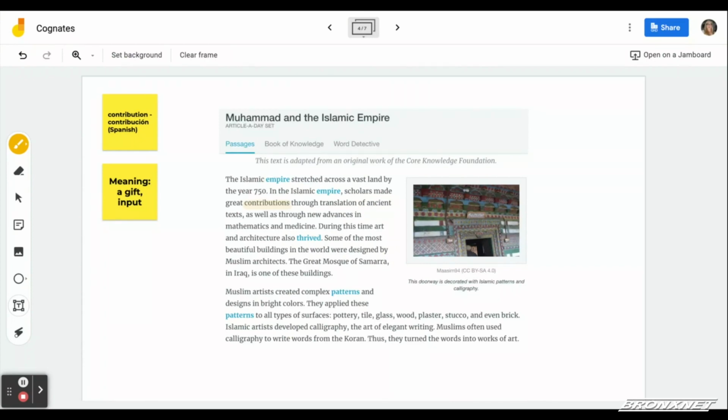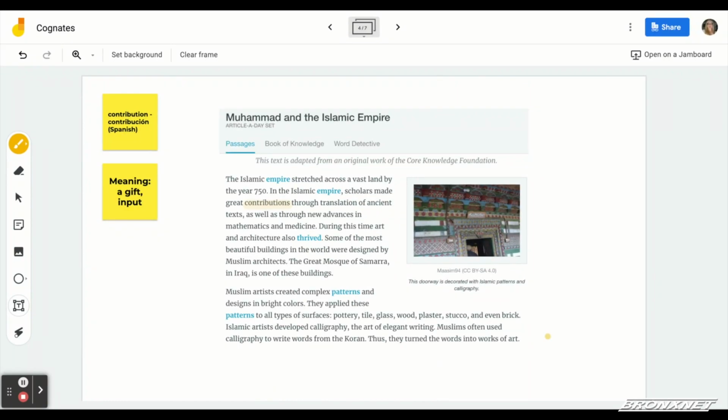In the Islamic Empire, scholars made great input through translation of ancient texts. Yes, it has sense. So knowing a Spanish cognate helped me identify the meaning of the word contribution.